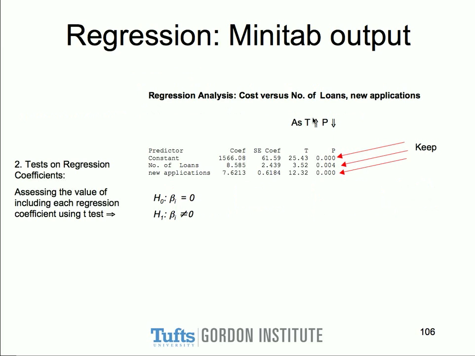So let's go to the next item on the agenda here, our tests on the regression coefficients. All right? So it assesses the value of including each regression coefficient using a t-test. And what we're trying to look at is our null hypothesis for each one of these.